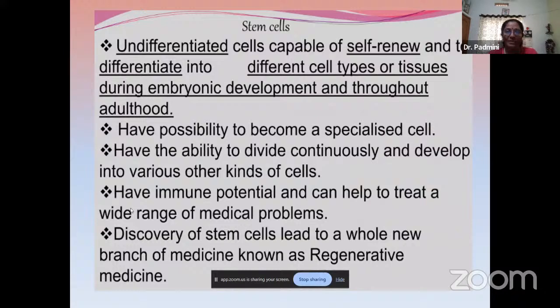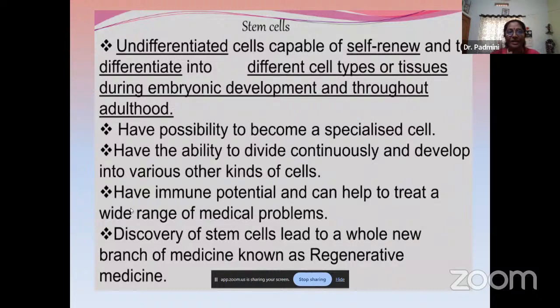One self-renews and the other differentiates into the different types of tissue during embryonic development. Self-renewal is a stock, and that stock is going to be utilized throughout adulthood, whenever you want DNA repair or tissue repair to occur. These are the cells that come back to produce those different types of cells.